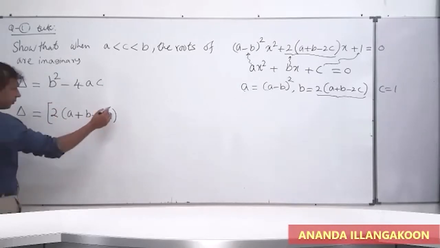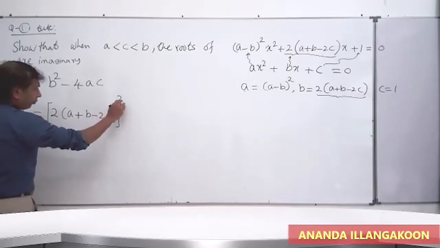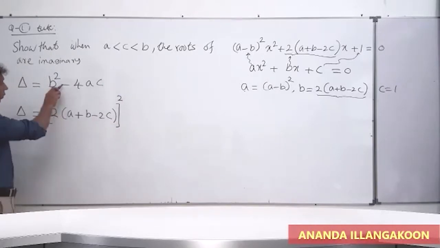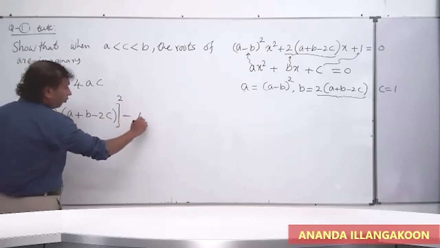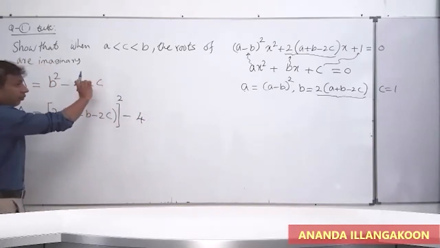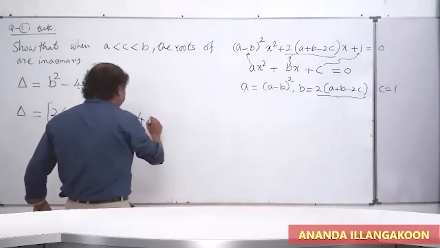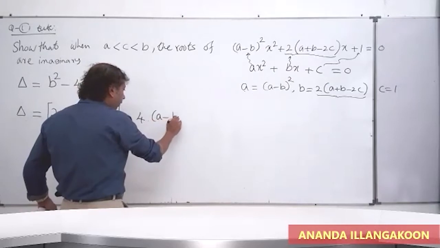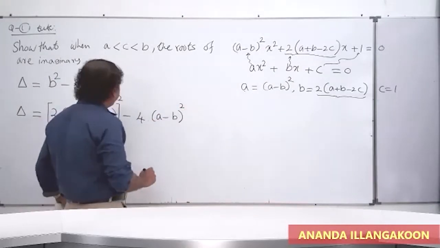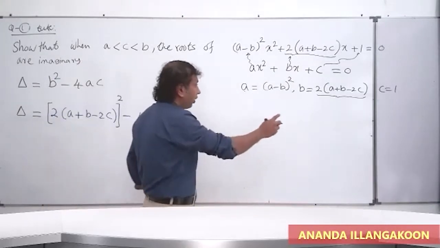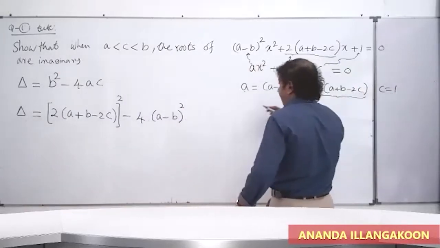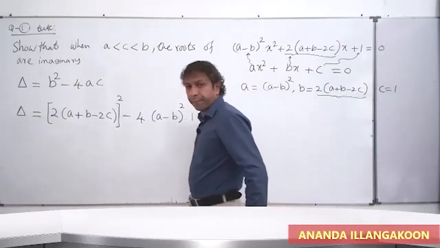We write it like this. Minus 4 times a. A is this: a minus b, perfect squared. And c is here 1.